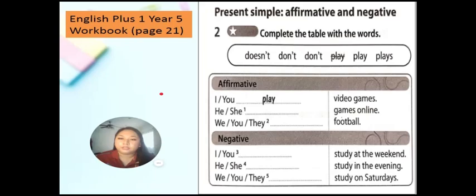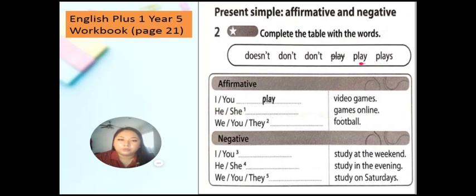Okay, the next one is from our workbook. So the activity 2 in our workbook, page 21. Fill in the blanks carefully. Okay, this is affirmative and this is negative. He, she. He and she, what do we use? We use play or plays.